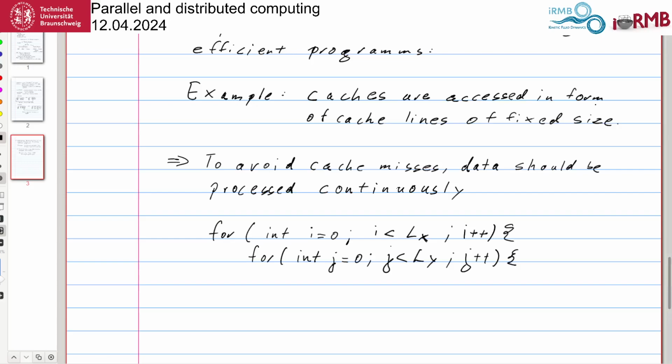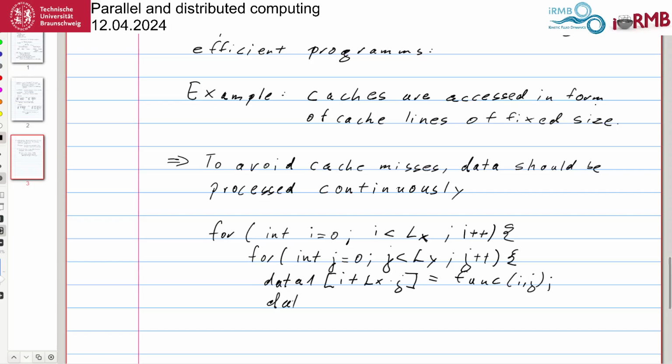Now I'm doing something like this. I have something that I call data1, indexed by i plus Lx times j, and this is just some function of i and j; we don't care which.